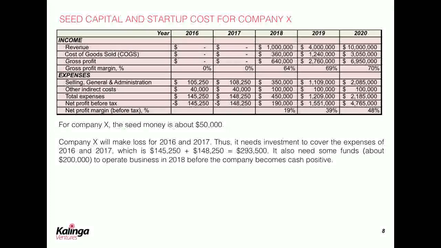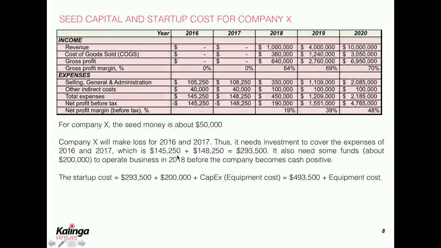But then you have to also add equipment cost, and you need some money in 2018 to run the business. So let's assume that you need about $200,000, which would be sufficient to operate the first quarter and some part of the second quarter of 2018. So if you add the first year loss and second year loss, which is $293,500, plus $200,000 that you need for 2018, and the equipment cost, which is also known as capex, or capital expenditure, it comes to $493,500 plus the equipment cost.